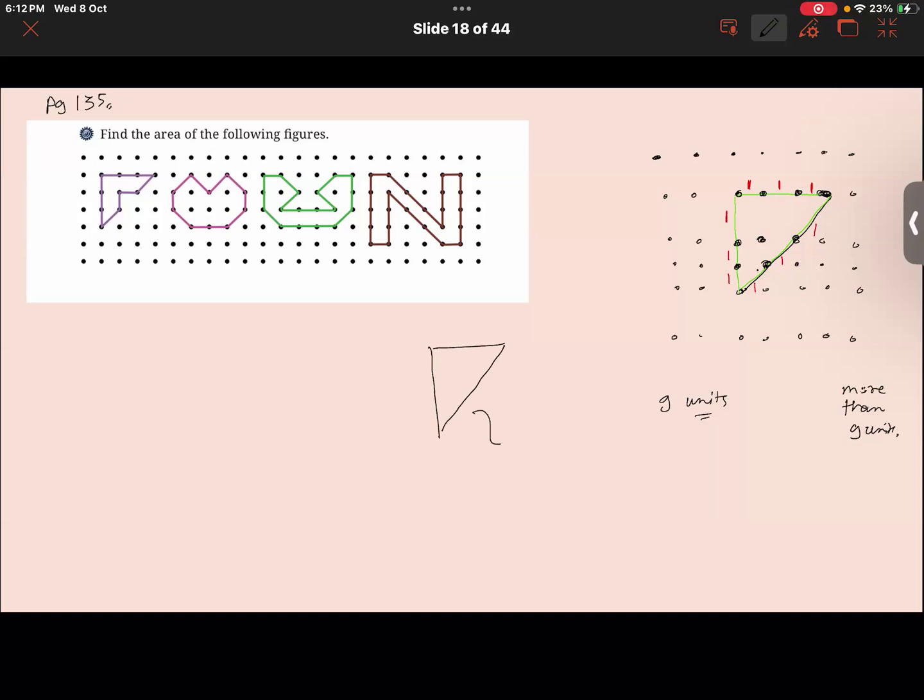Not necessarily every time, but this is a triangle whose one angle is equal to 90 degree. So this line over here is going to be greater than the other two lines. So the perimeter here is actually more than 9 units. Getting it?